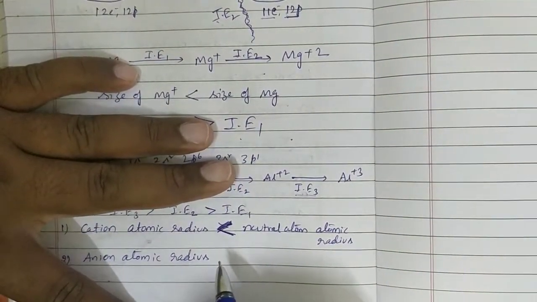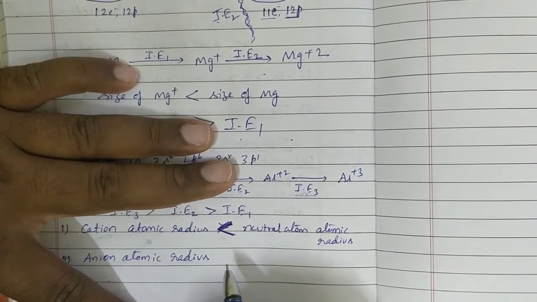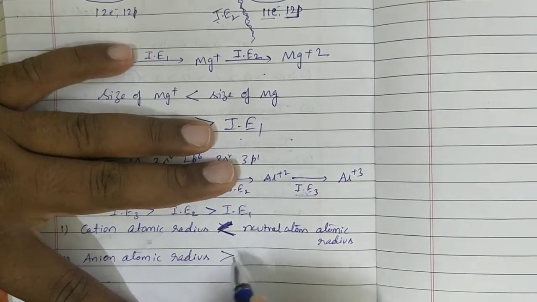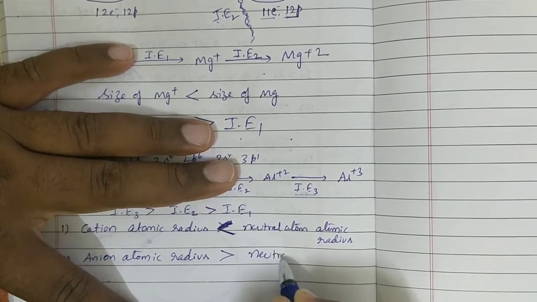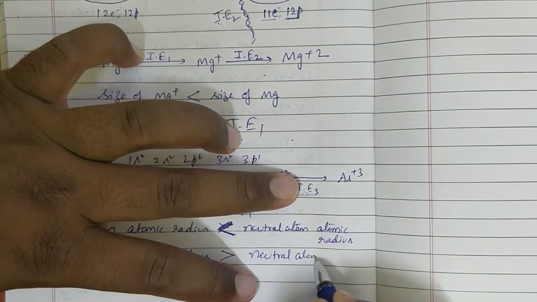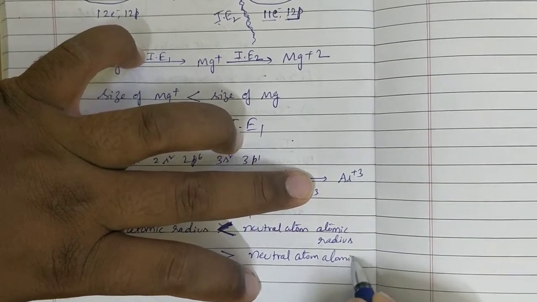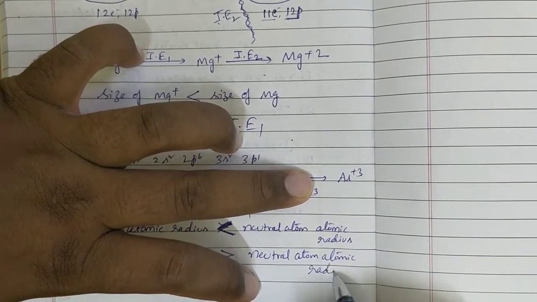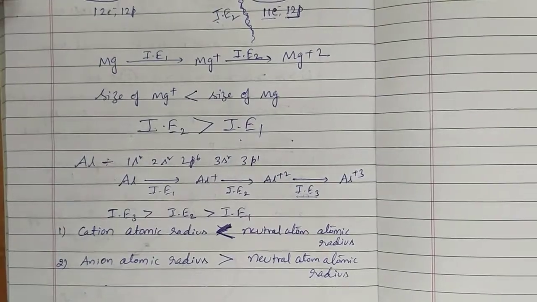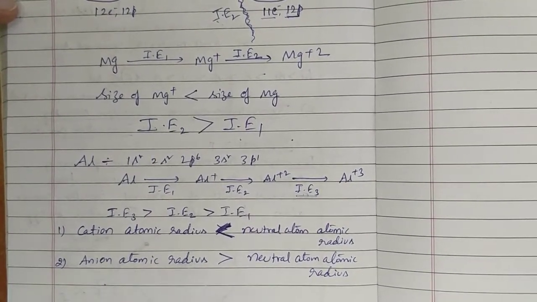Anion atomic radius is greater than neutral atom atomic radius, because the anion contains excess electrons.